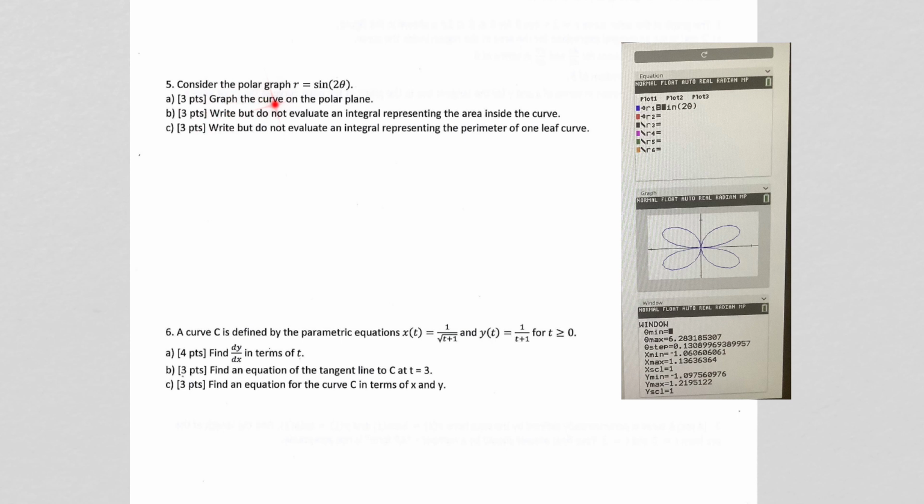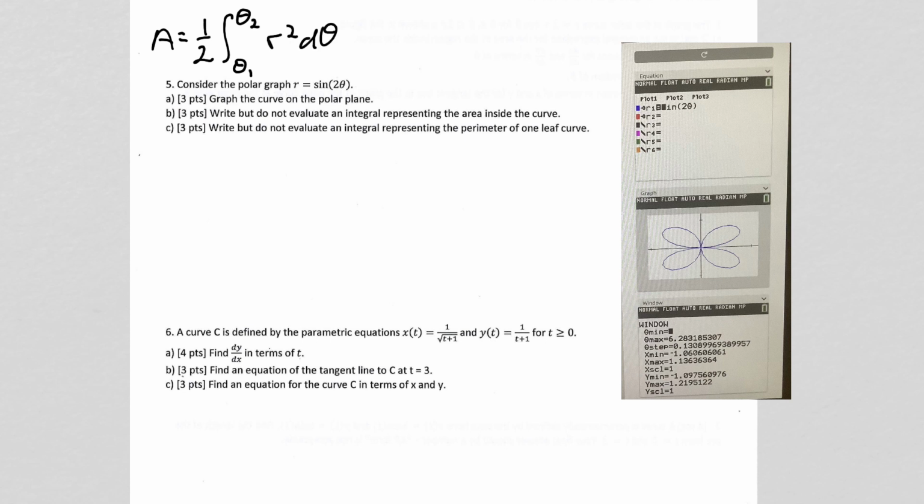We want to find an integral that represents the area inside the total curve. So what we can do is, there's a variety of ways to do this, but since it took from 0 to 2 pi to do the whole thing, then those are going to become our bounds. You should know that area in polar is 1/2 integral theta 1 to theta 2 of r squared d theta.